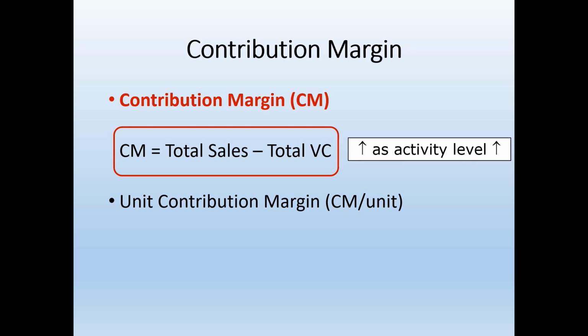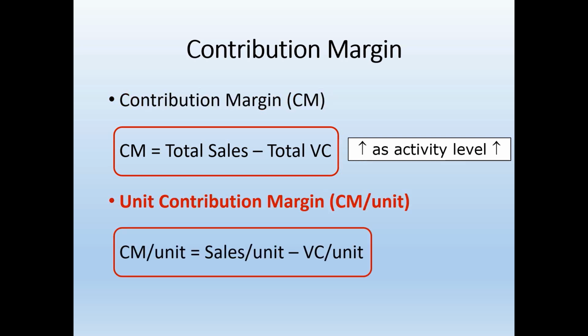So that means, for example, if we sell twice as many units, we're going to have twice as much sales revenue, and we're also going to have twice as much variable costs, which means that we will also have twice as much contribution margin, the amount left over after each unit contributes part of its sales revenue to cover its own variable costs. So we can say that contribution margin goes up in proportion to an increase in the activity level.